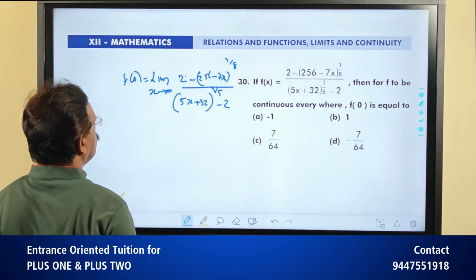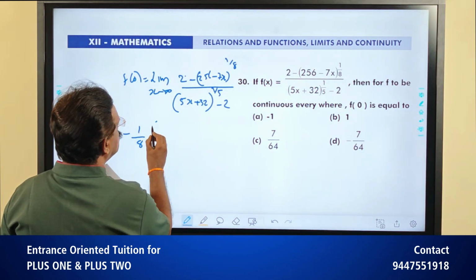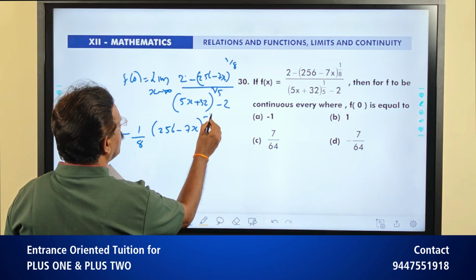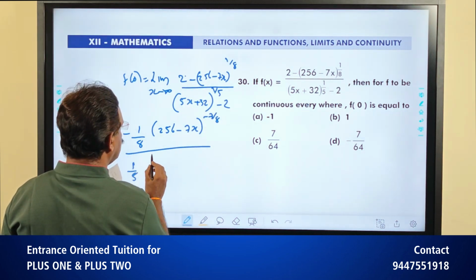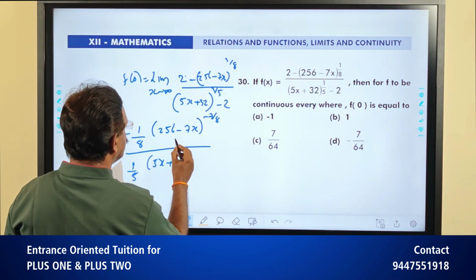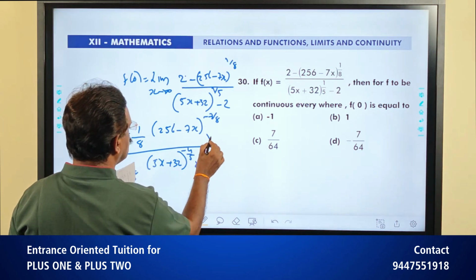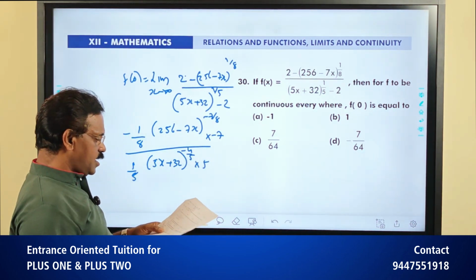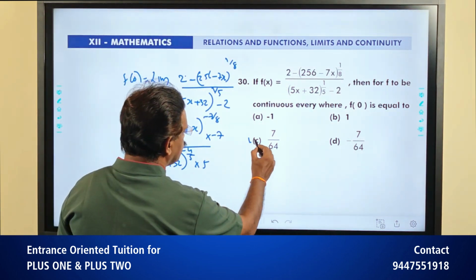Apply L'Hopital, so you are getting minus 1 by 8, 256 minus 7x raised to minus 7 by 8, divided by 1 by 5 into 5x plus 32 whole raised to minus 4 by 5 into 5. It will be minus 7 is necessary, and then you have to replace x by 0. You will get the answer as 7 by 64.